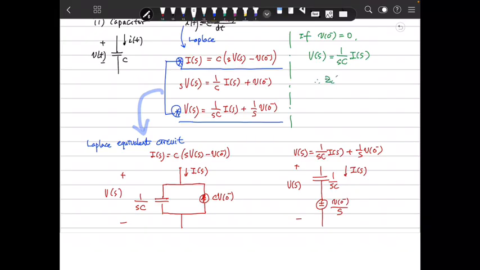In this case, ZC(s) can be represented as 1 over SC. Then you can derive the capacitor as 1 over SC, then Vs, and the current is Is.